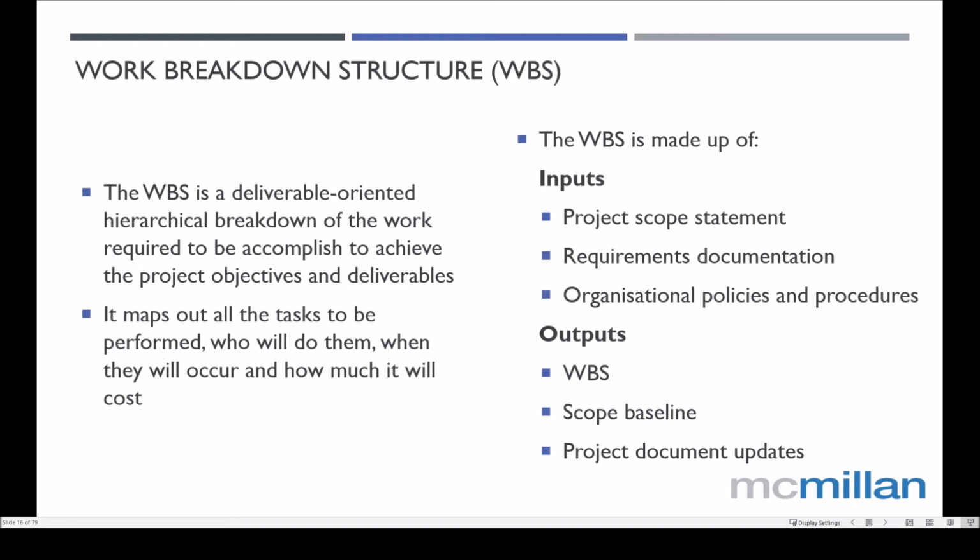The outputs you get from your breakdown structure are things such as the WBS itself, the baseline for your planning process, and then any documentation updates that need to occur from that. So for example, not only things like Gantt charts, but also rosters or schedules of timing, or delivery dates for execution of particular contractual arrangements and so forth.